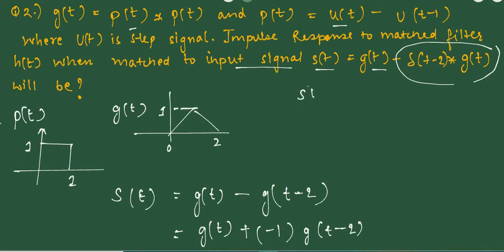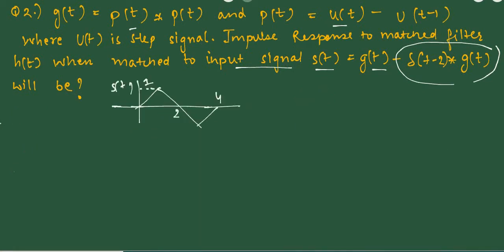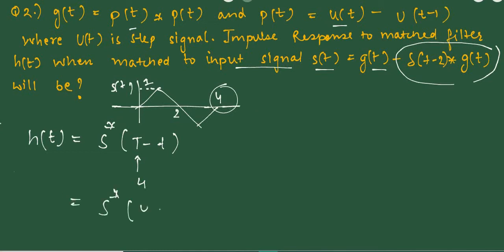So my s(t) can be plotted as g(t) and negative amplitude of g(t-2). Now once I have obtained my signal s(t), I know that the impulse response can be found very easily. Now the total time period here will be 4, as I can see, because after that there is no signal. So this can be written as s(4 minus t), and the conjugate can be removed because the signal is real.